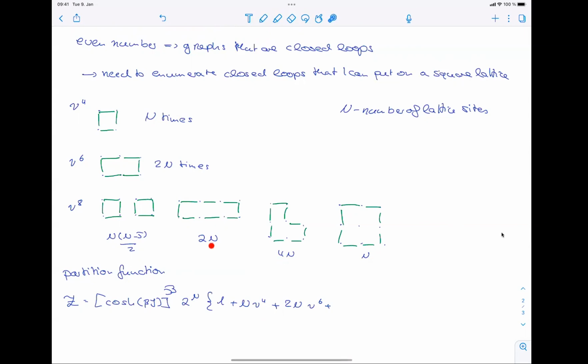So if I sum 2n plus 4n makes 6n, plus n is 7n, 7n plus n times (n minus 5) over 2 actually gives n times (n plus 9) over 2, v to the 8. And without having drawn them, I will also give you higher order terms, 2n times (n plus 6), v to the 10th, and omit even higher order terms of v to the 12th.